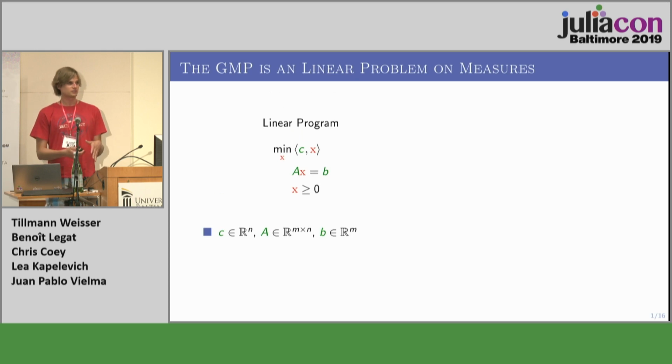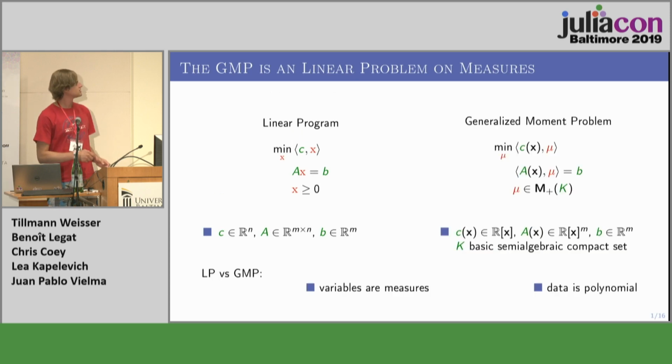The generalized moment problem is basically the same, except that now your variable is actually a measure, and you take the scalar product of your measure with some polynomial, and here you have a polynomial vector, so you take this scalar product also, and your measure is constrained to be a measure.